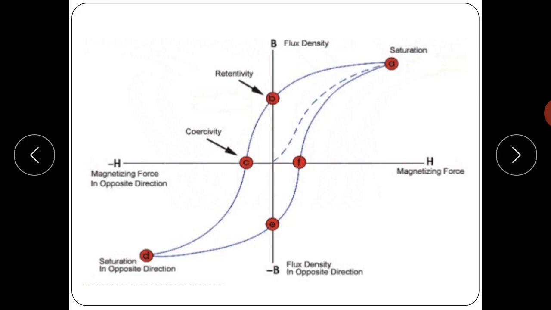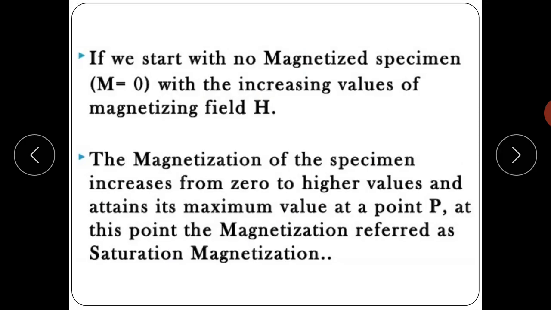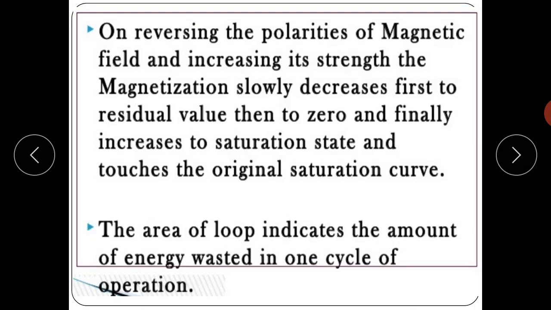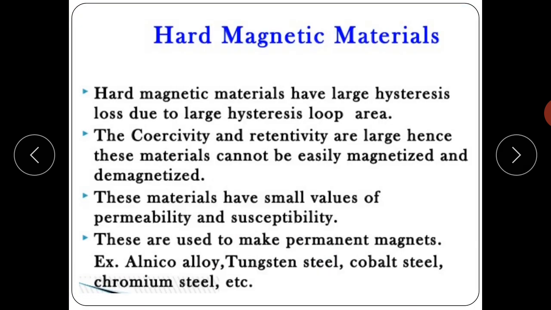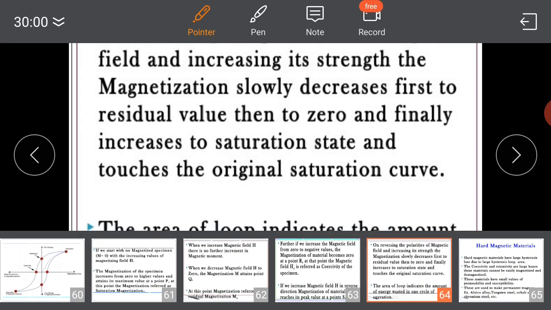Under this condition, the material is said to be spontaneously magnetized. It starts from no magnetization, M equal to 0. The magnetization is already explained. This is the hysteresis curve. Thank you, students.